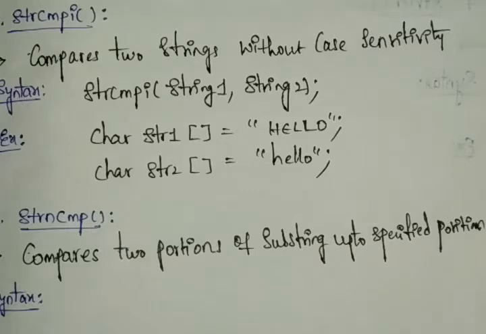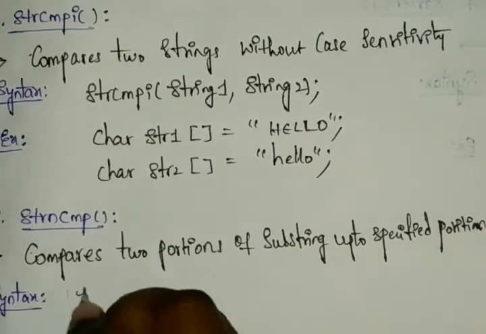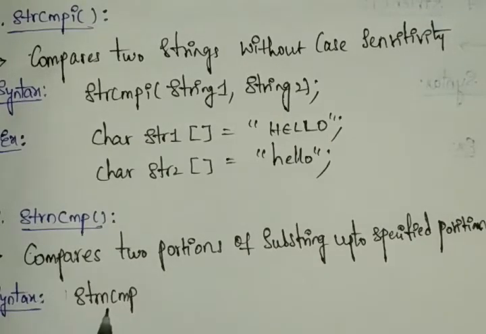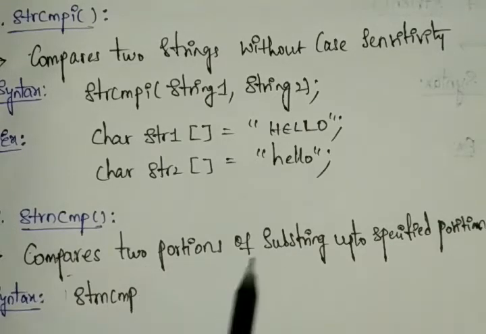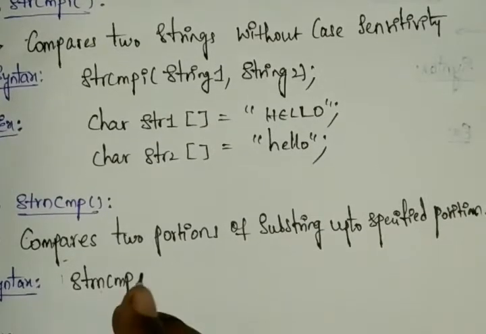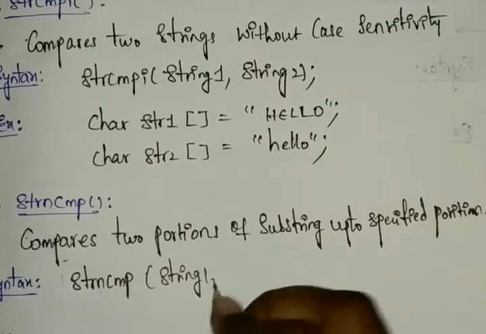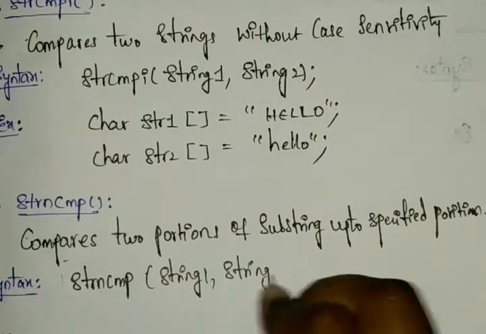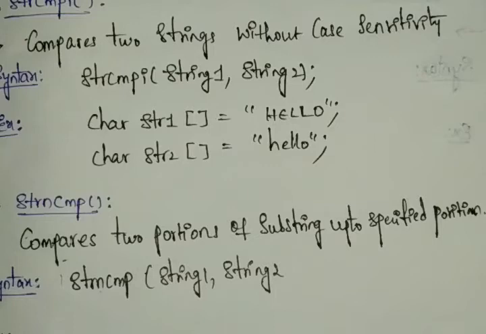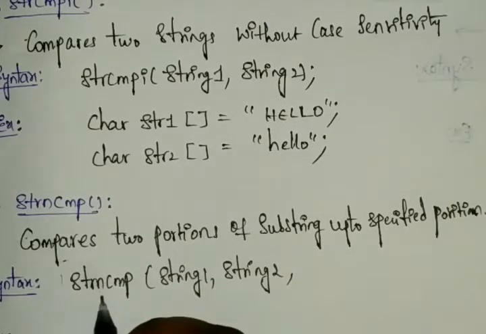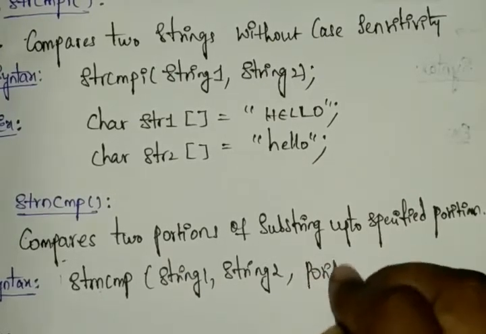Let's see. This function is strncmp, where n is the number of characters. It compares the two portions of the strings up to the specified position using n. Normally we choose string 1 and string 2 every time, but the difference here is that we add n, our position.